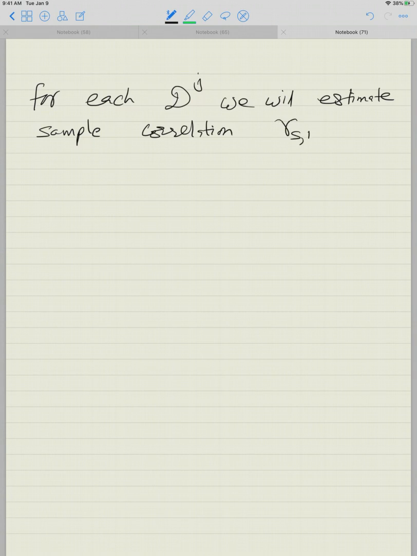For each Dj, we will estimate the sample correlation rst of j for all s and t, and delta j will be defined to be square root of n times the max over s,t of rst of j minus rst, where rst is the sample correlation between features s and t for the true data set D. This is for the jth bootstrap version.